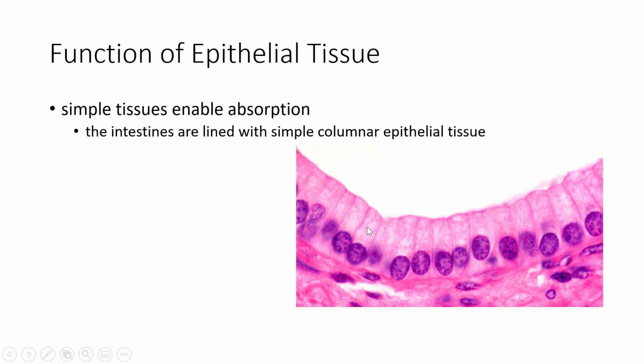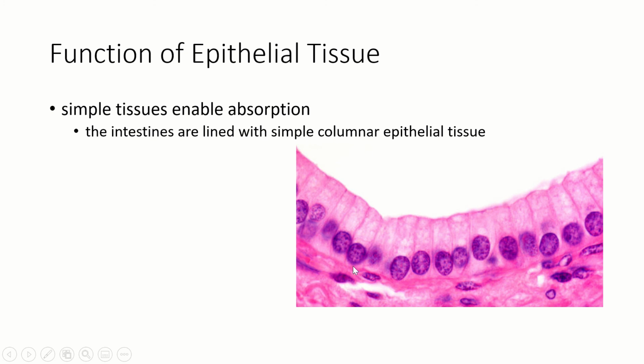And then the cell itself is going to be able to transport, and in some cases actually break down a little bit, some of those things, and release it to the other side where it can go through, find a blood vessel. So simple, one layer of cells, okay? And columnar, because they're tall and narrow. So simple columnar epithelial tissue.